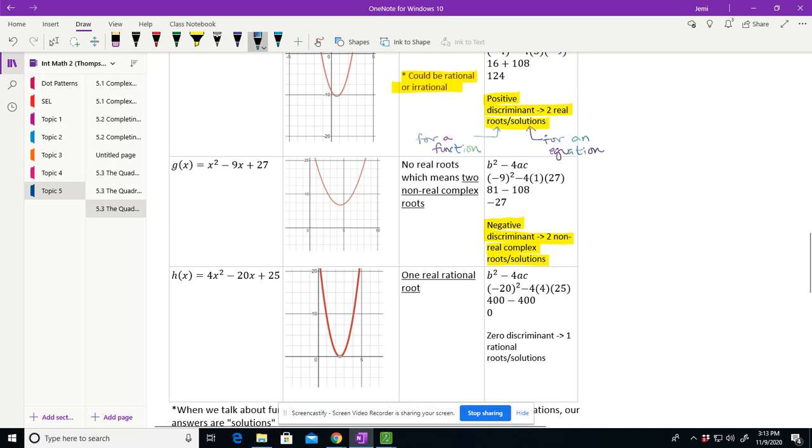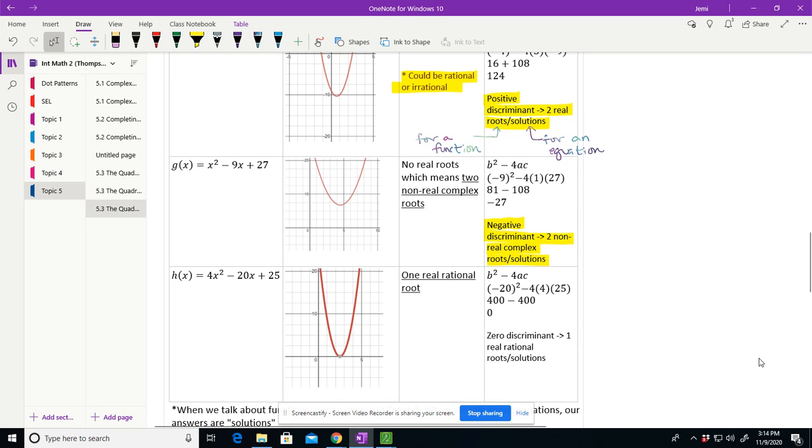Now my third example, h of x, is not example C from above, because I needed an example of when I have one real solution. One real solution is going to be when the graph crosses the x-axis at one point.